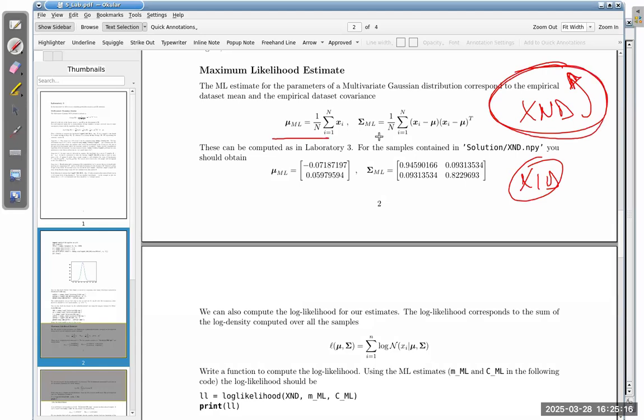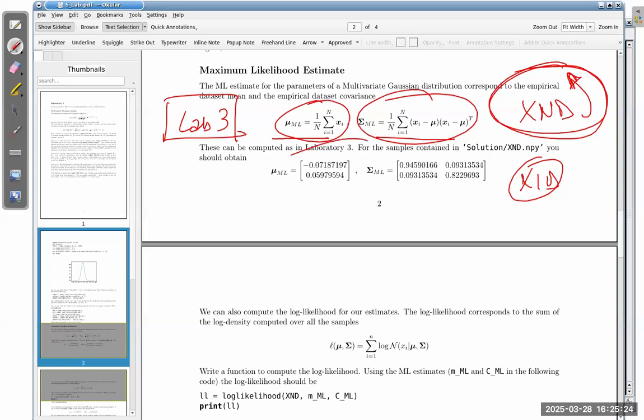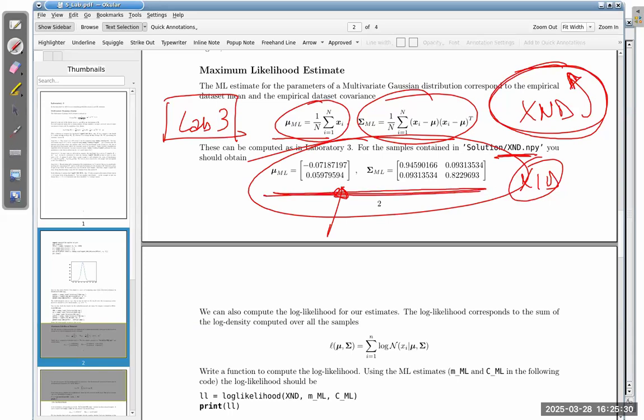The maximum likelihood fit is computed by taking the empirical mean and the empirical covariance matrix. This we already know how to do. If you do this for the data in XND, you will obtain this solution. These are the parameters of the maximum likelihood fit of a Gaussian model to the data in this data matrix.